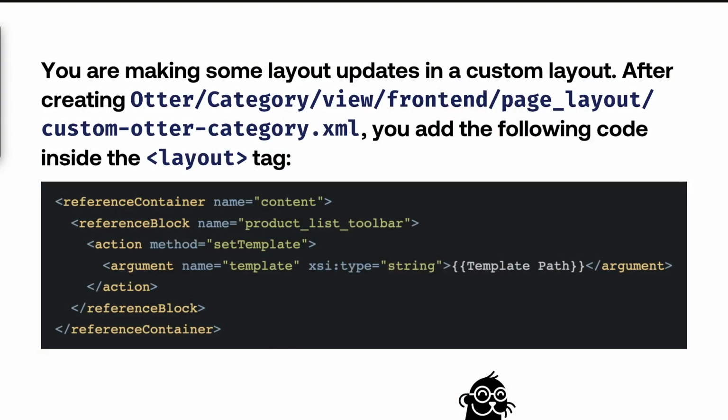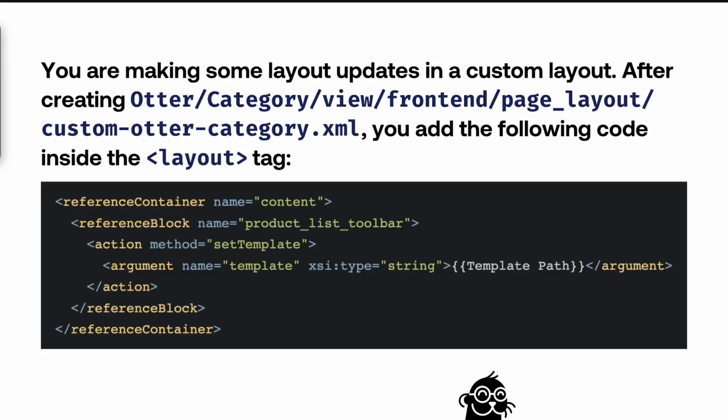It was something that I actually didn't realize at first was necessary, but ended up finding out later on that it was, in fact, very necessary. So let's take a look at the question. You are making some layout updates in a custom layout. After creating a custom category view front-end page layout, custom-otter-category.xml, you add the following code inside the layout tag.